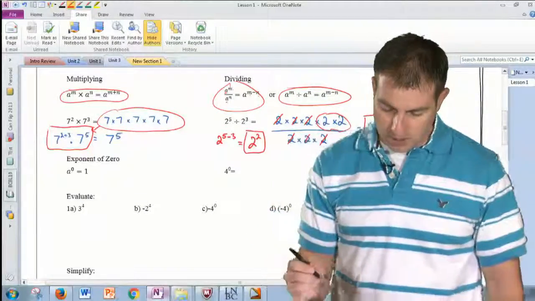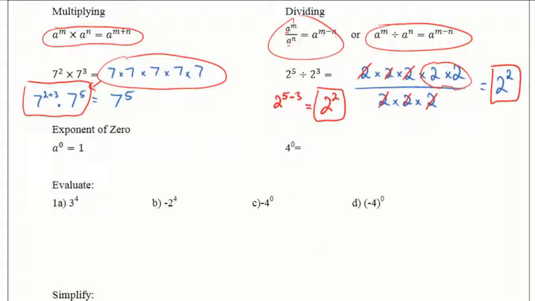Let's say I had something like x to the power of 7, and I divided it by x to the power of 7. If we think about our basic math, if I'm dividing something on the top by the bottom, and they're the same thing, x to the 7 and x to the 7, these are going to divide to just give me 1.